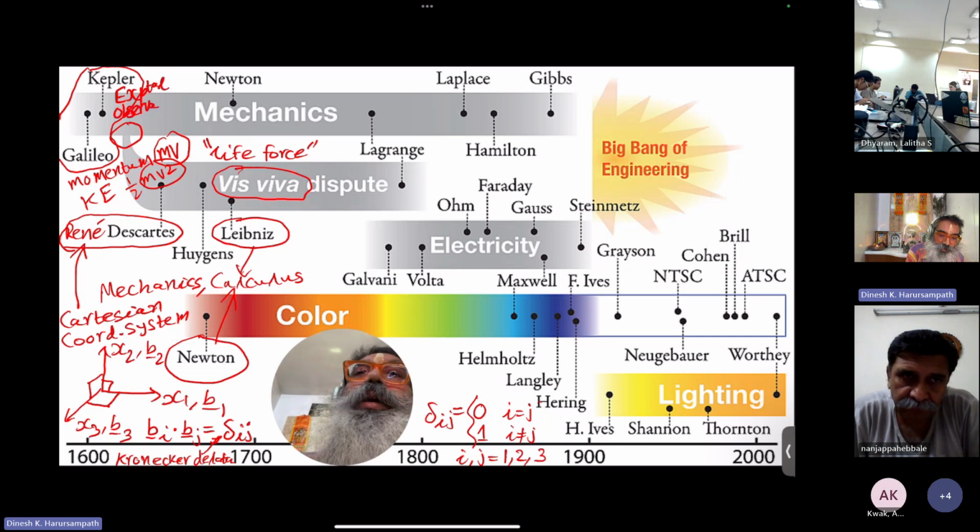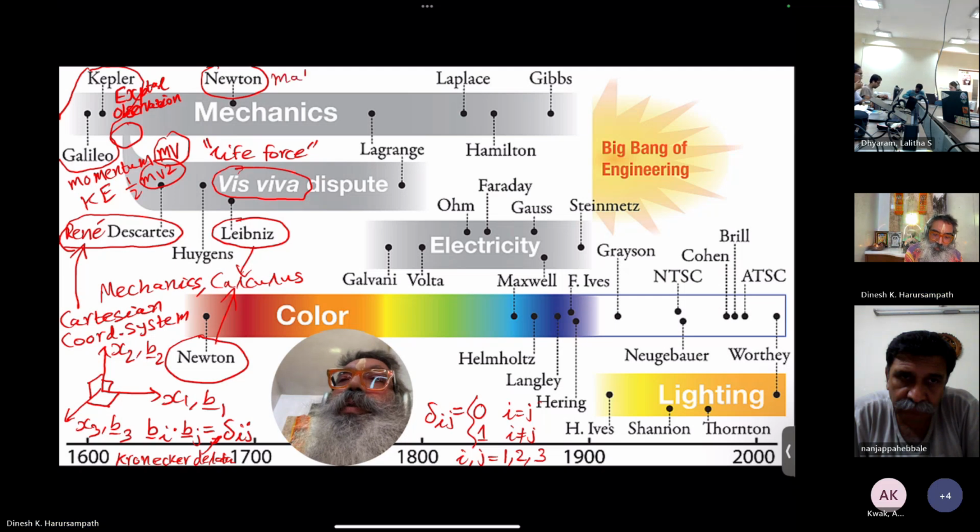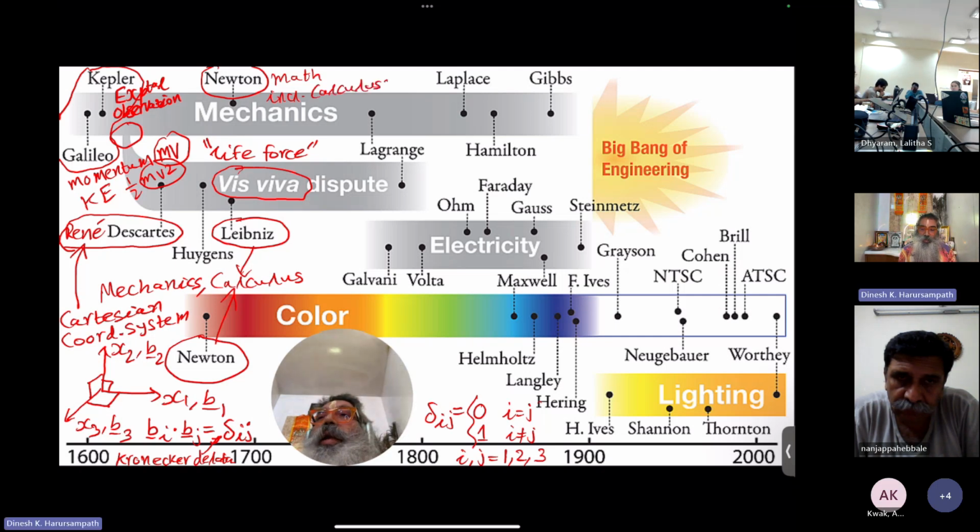On the other hand, the vis viva dispute, once it happened, and then eventually Newton came in, it was mostly mathematics, and in particular calculus. And later on, when Euler and Lagrange, etc., came in, it became the calculus of variations that I briefly talked about in the previous class.